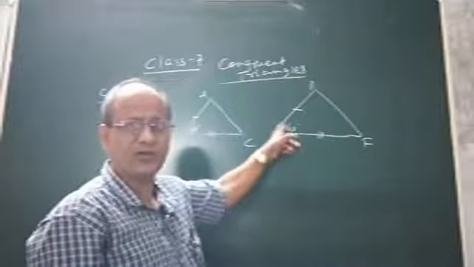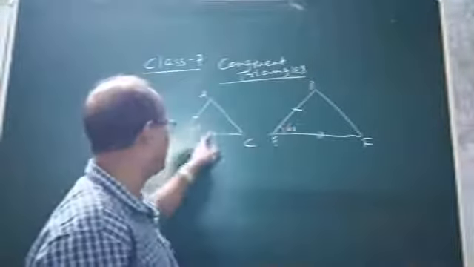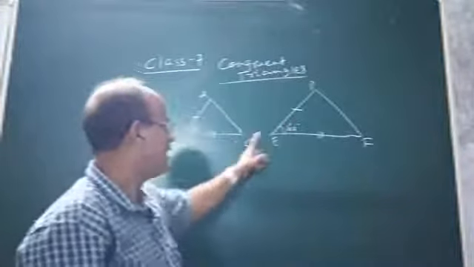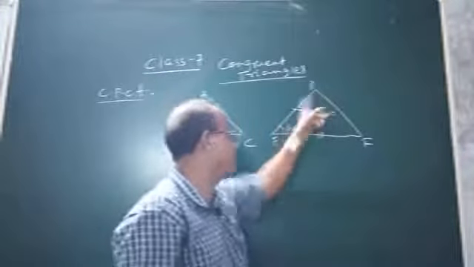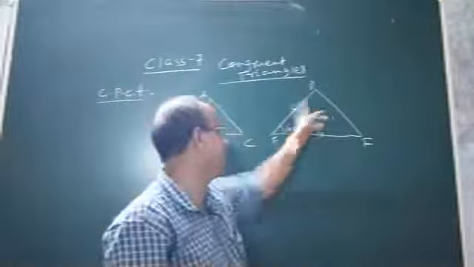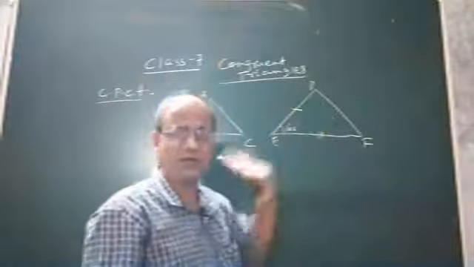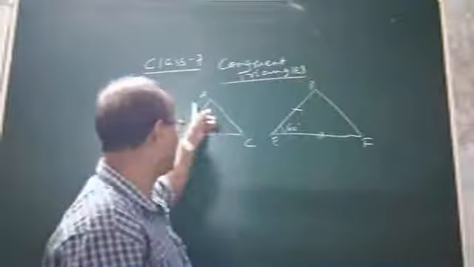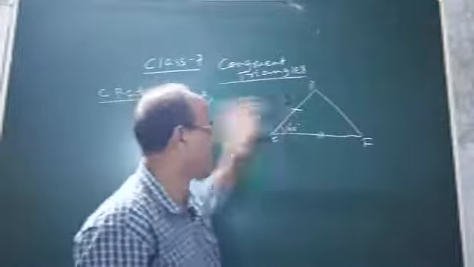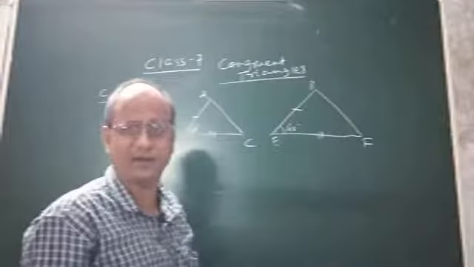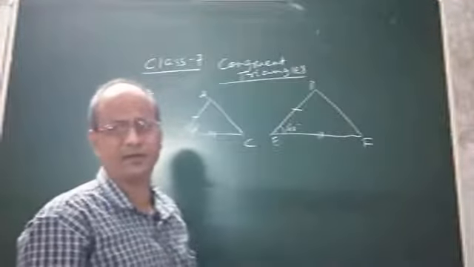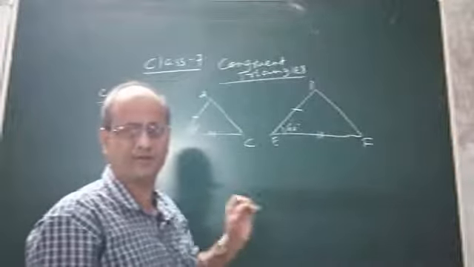See, clearly angle B is the included angle between AB and BC, and angle E is the included angle between DE and EF. So the two included angles are equal and two pairs of corresponding sides of the two triangles are equal. Then it is satisfying which congruence condition? Definitely SAS, side angle side.